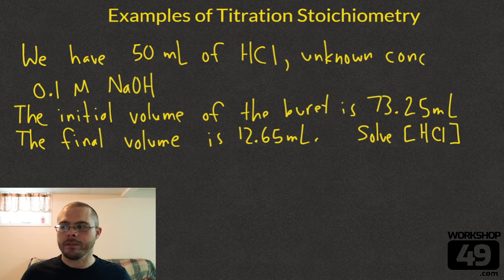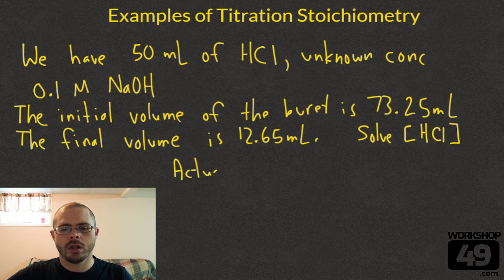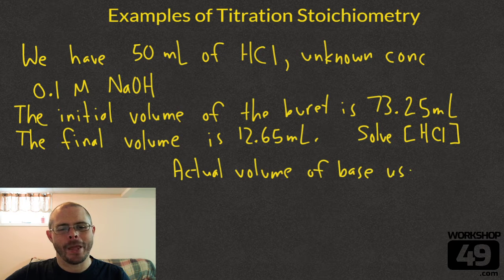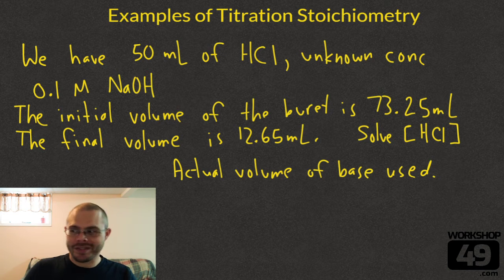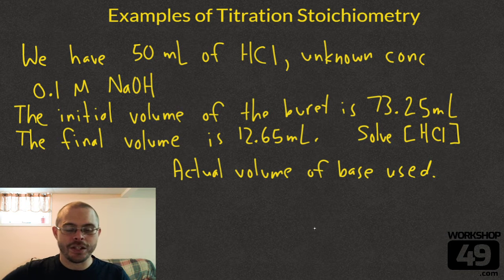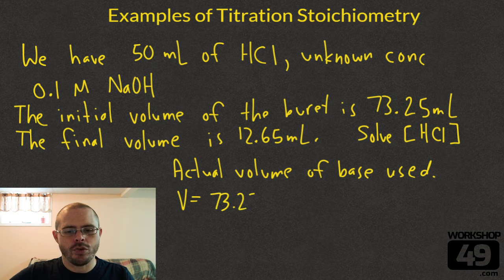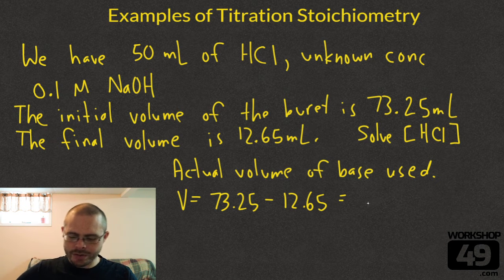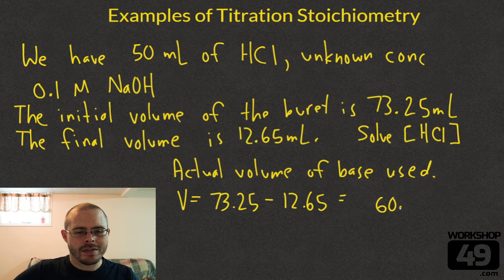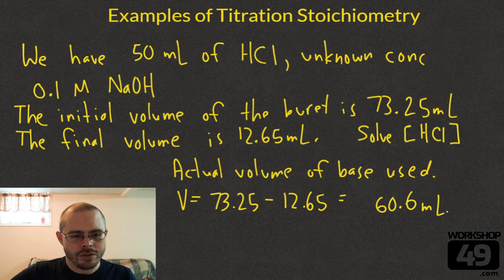All right, we have everything that we need. To get us started, we need our actual volume of base used. You see, our burette started off at a volume of 73.25 and it ended at 12.65, but we need that actual volume. So our volume is going to equal 73.25 subtract 12.65, which equals 60.6 milliliters.